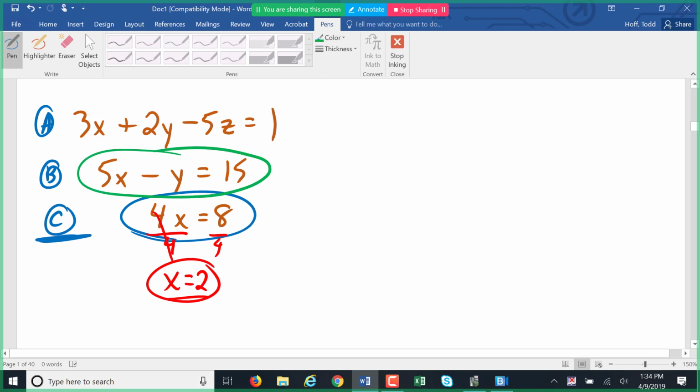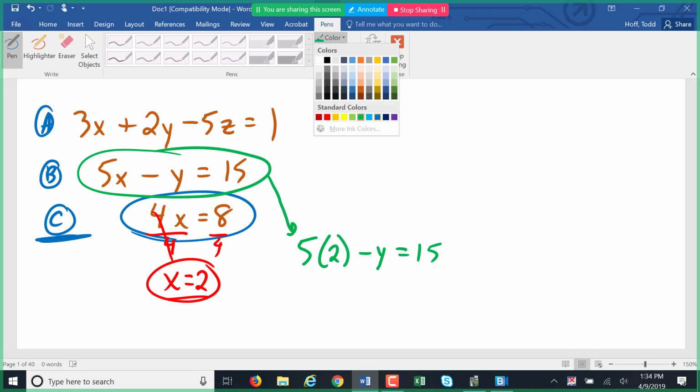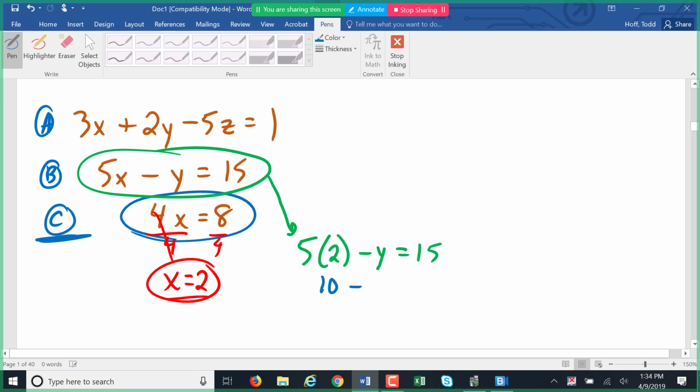Because if I put x equals 2 into that, I have 5 times 2 minus y equals 15. I can now solve it for y. Five times 2 is 10. So 10 minus y is 15. I subtract 10.